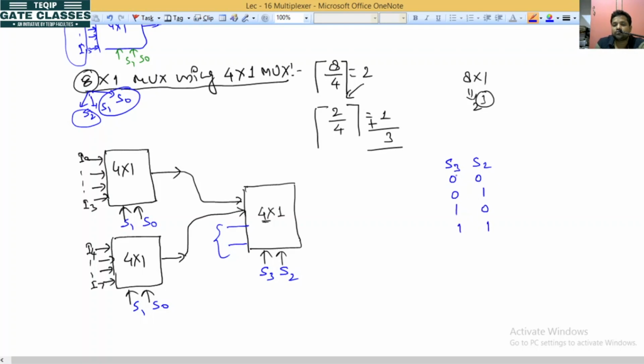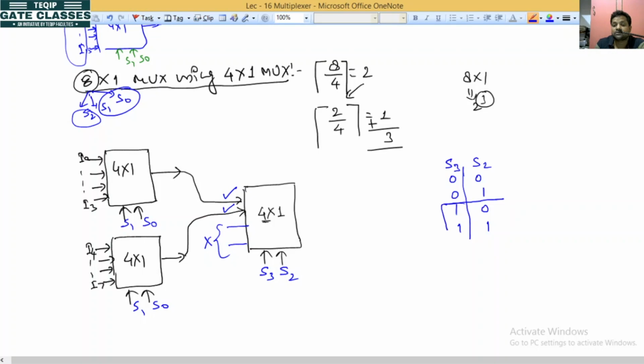So when both are 0, 0, then this one is going to transfer to the output. If it is 0, 1, then this one is going to transfer to the output, okay na? But we don't want these inputs to transfer to the output. हम नहीं चाहते कि ये जो दोनों inputs हैं वो output पे transfer हों. तो वो कब हो रहे हैं? यहाँ पे divide कर दो ऐसे, ओके ना?